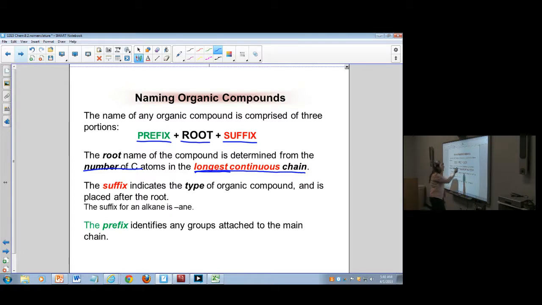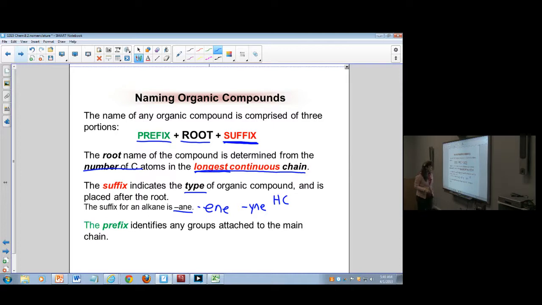And then we end it in the type of chemical it is, the type of organic compound. We've seen how to name anes, the double bonded enes, and the triple bonded ynes for hydrocarbons. So we could have a triply bonded butyne, or a double bonded hexene.